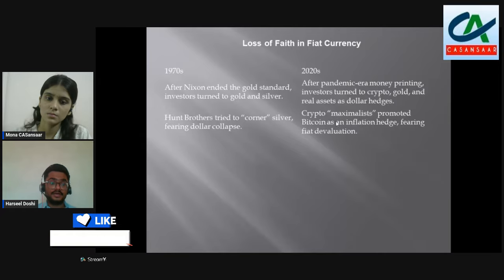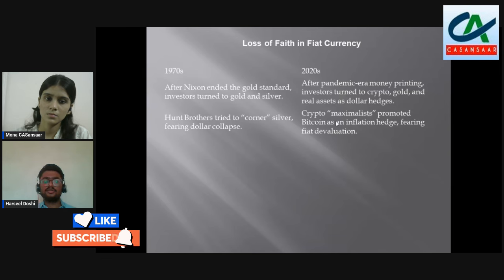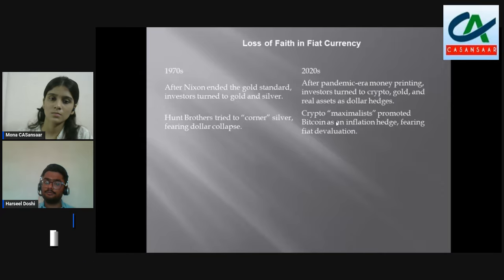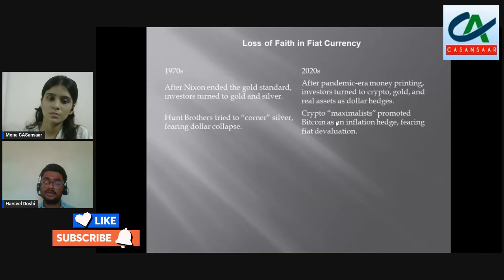And in the 1970s, President Nixon ended the gold standard as investors turned to gold and silver. As more people were going towards gold and silver, Nixon raised interest rates, and from there he ended the gold standard. If we see that thing in this period, people are turning more to crypto, gold, and other real assets.